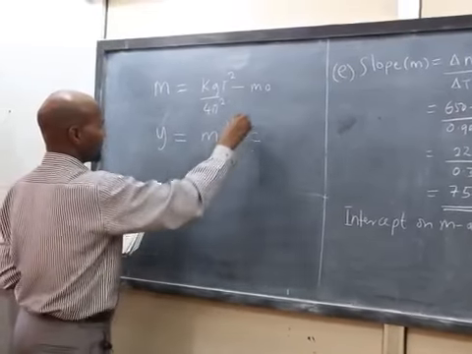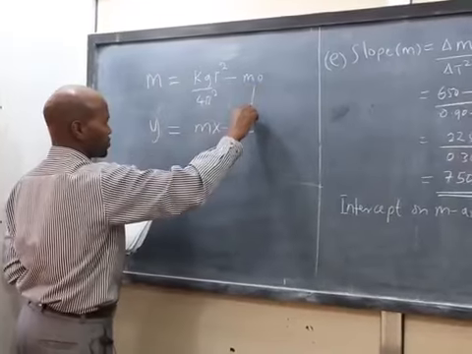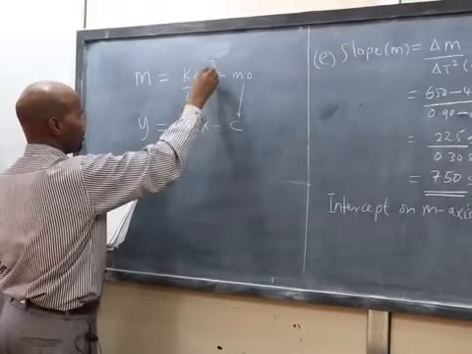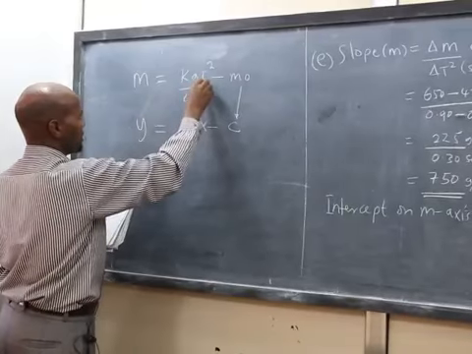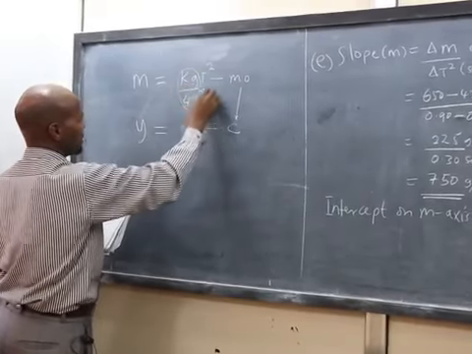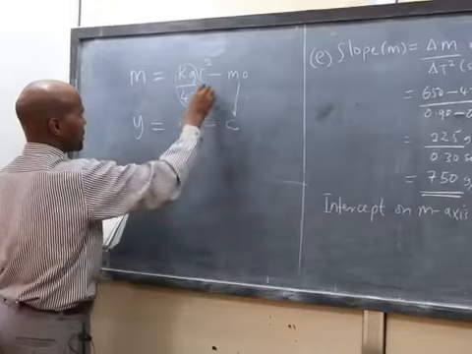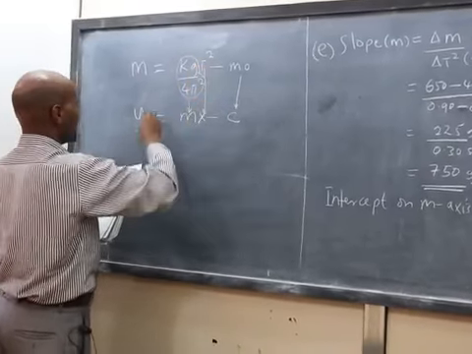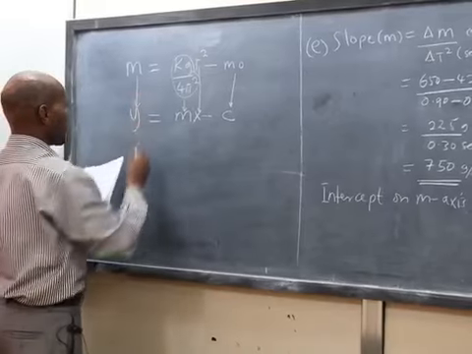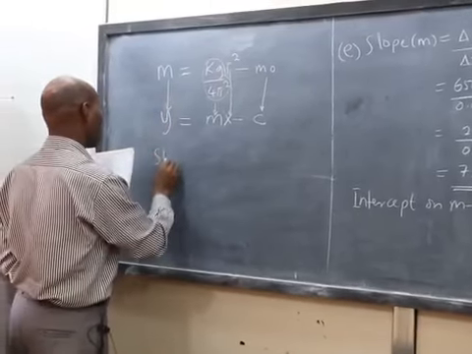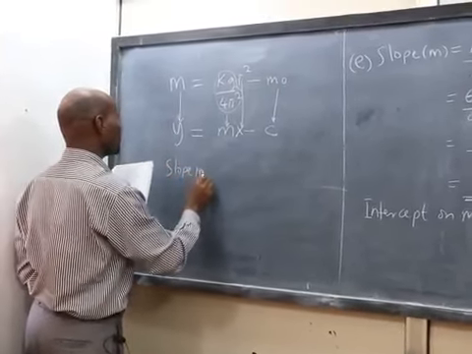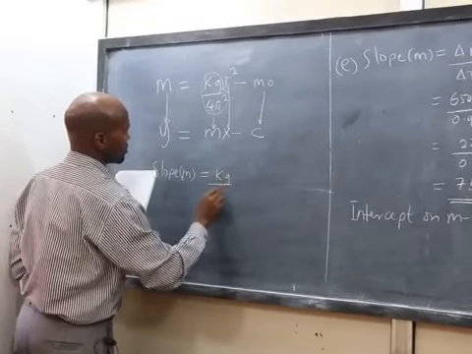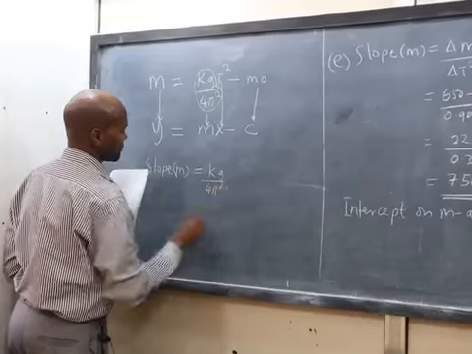That is to say, the intercept here corresponds to c, the constant here corresponds to the slope, the value of T squared corresponds to x, and this one corresponds to y. So we say the slope m is equal to kg over 4 pi squared.